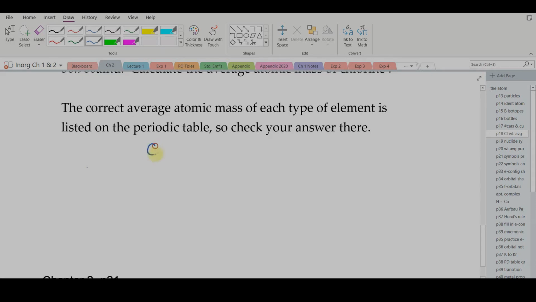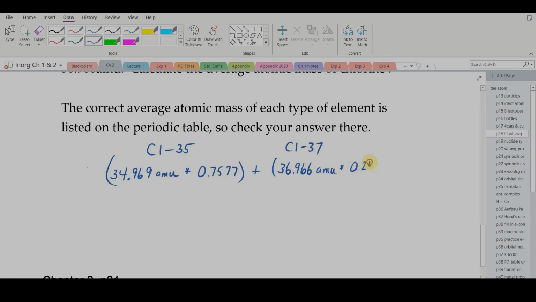So I can write for chlorine 35 that 34.969 AMUs times its percentage as a fraction, 0.7577, plus, for chlorine 37, I can write 36.966 AMUs times its percentage as a fraction, 0.2423.